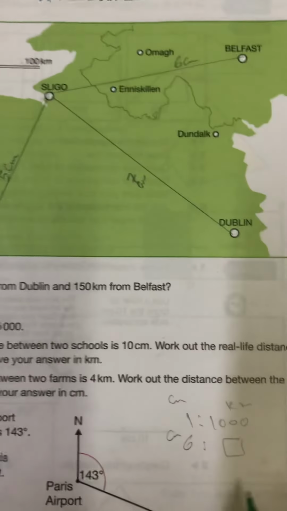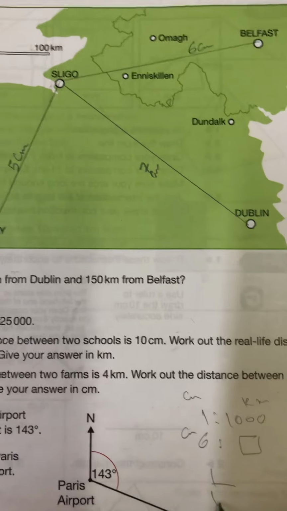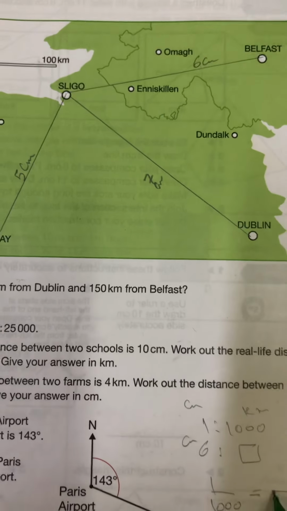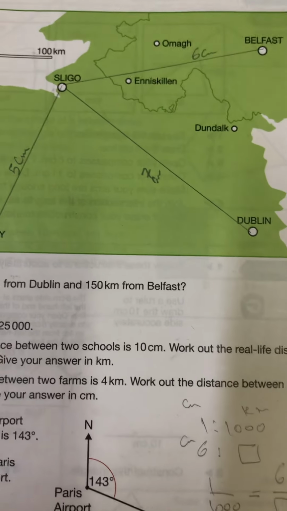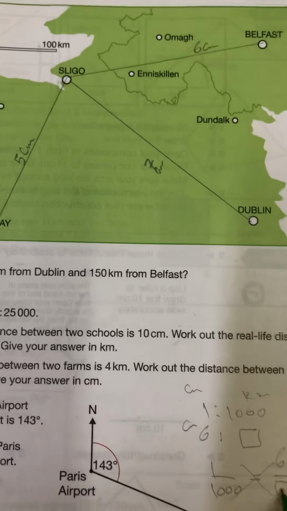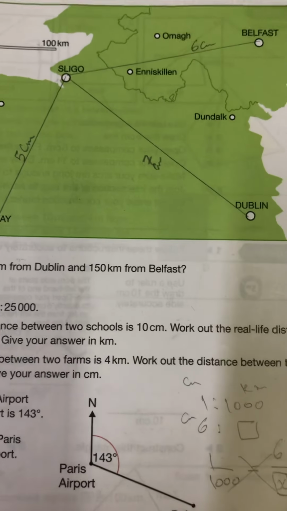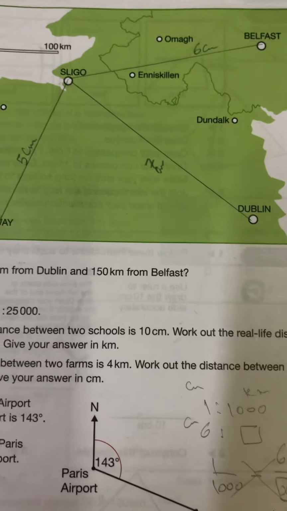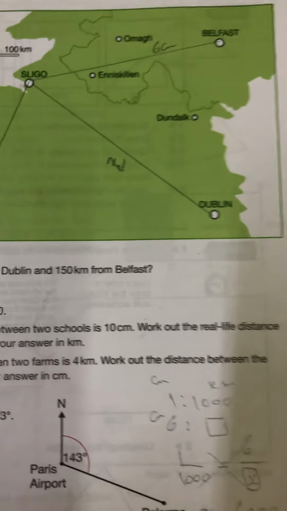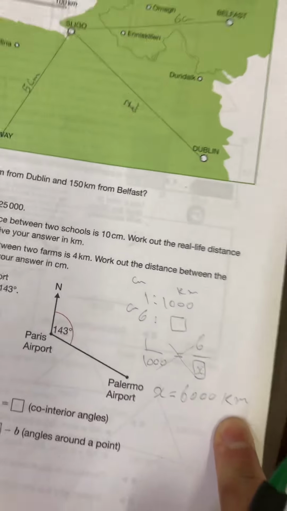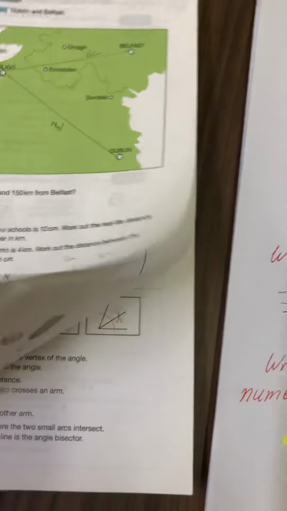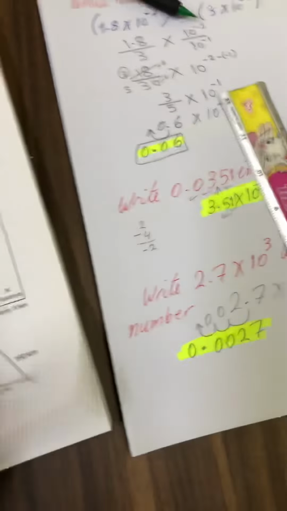I'll make it a proportion: 1 over 1000 equals 6 over what? Make cross multiplication, consider it x, so x equals 6,000. This is the actual or real distance. Such a problem is very easy and not more than this. Okay, this is the construction.